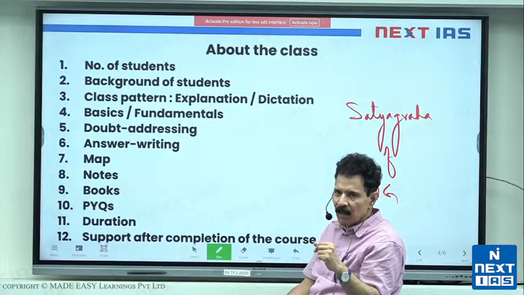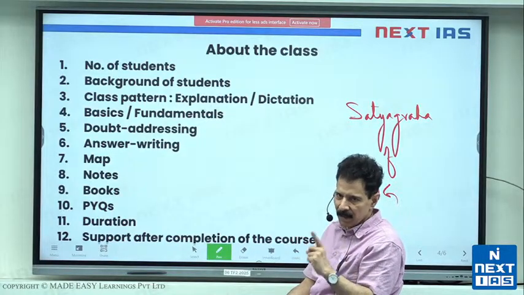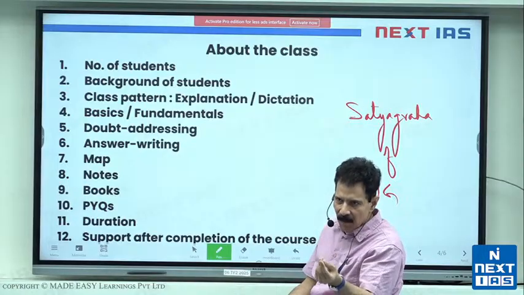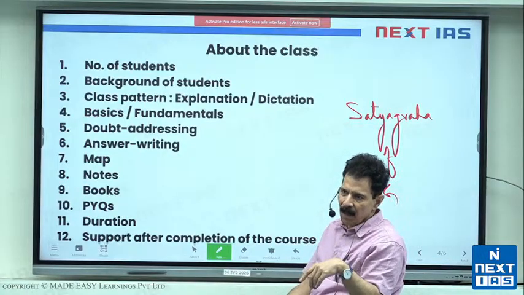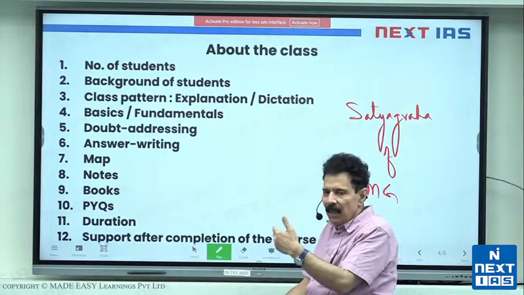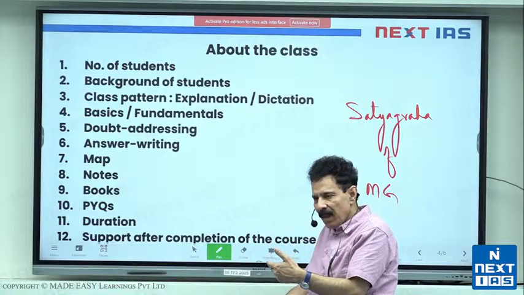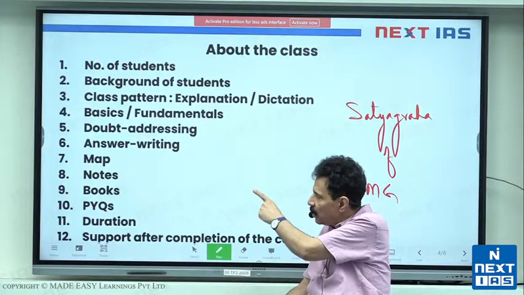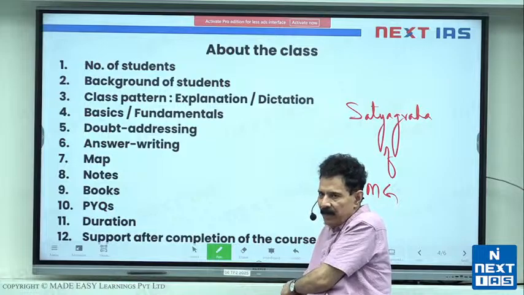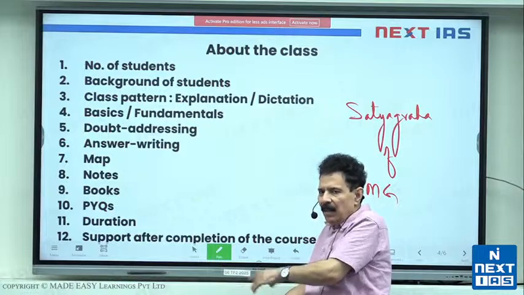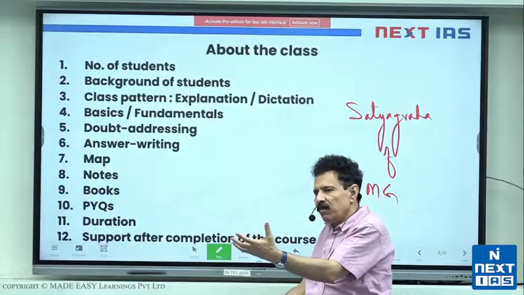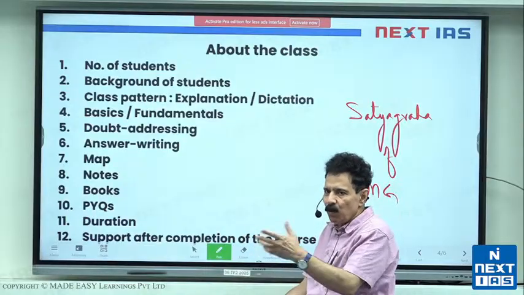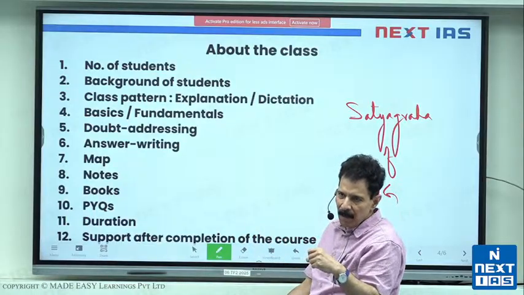So for that, what is required is that you should do it as a process, not in just 1, 2, 3 classes. Once we start ancient Indian history, the way we do answer writing, similarly we do map. Some sites are from medieval Indian history also, so we include them too, early medieval particularly.